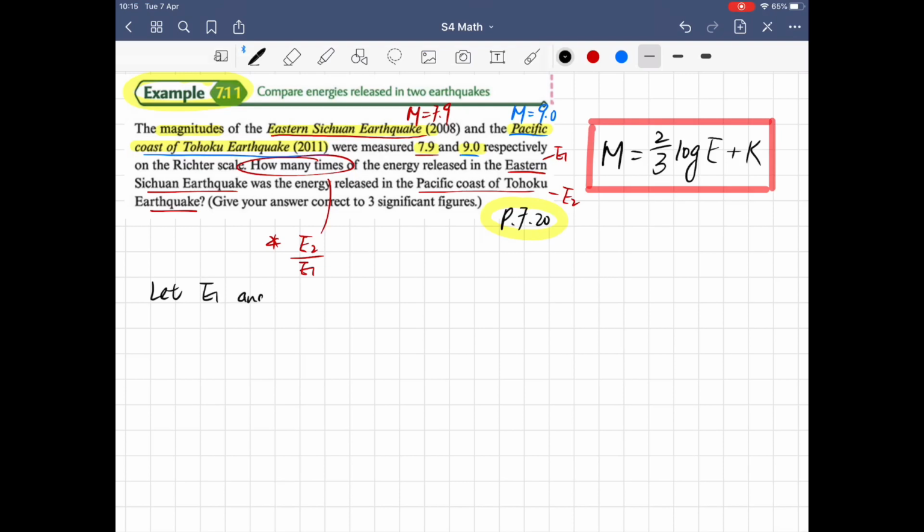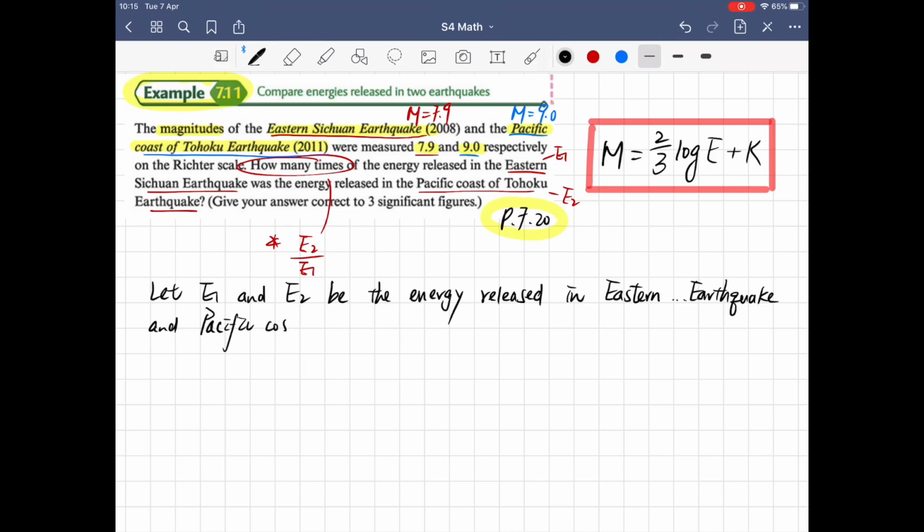So let E1 and E2 be the energy released in the Eastern earthquake and Pacific Coast earthquake respectively.